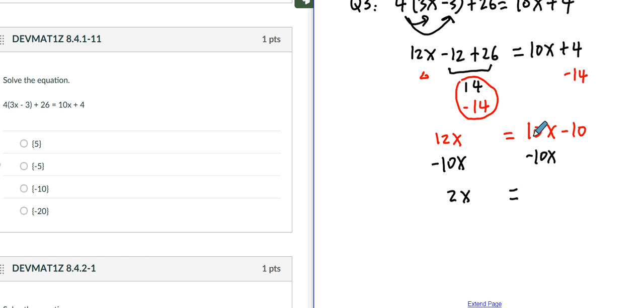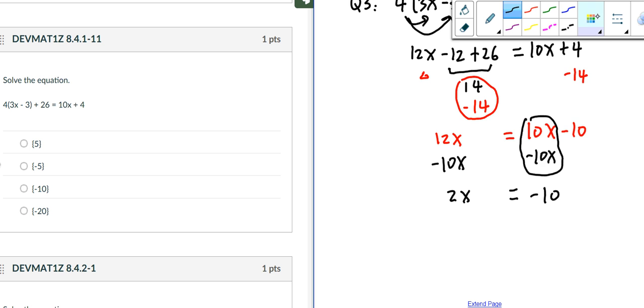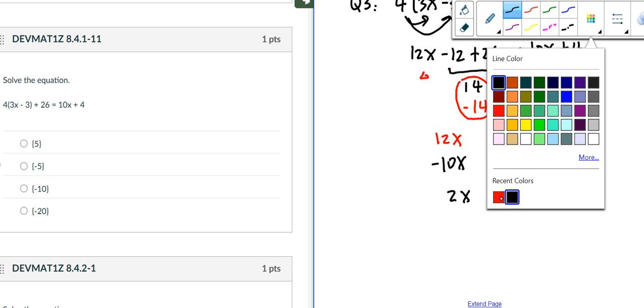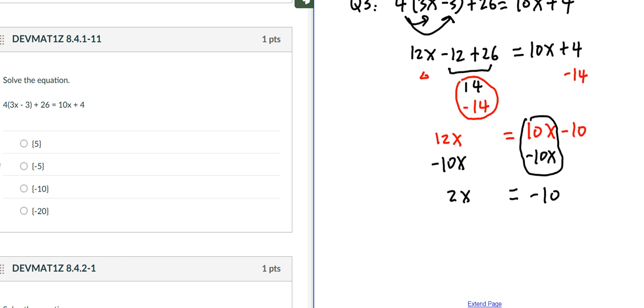Here, cancelled. So there's negative 10. And what do we do? We divide by 2. So x equals negative 5. That will be the one right here.